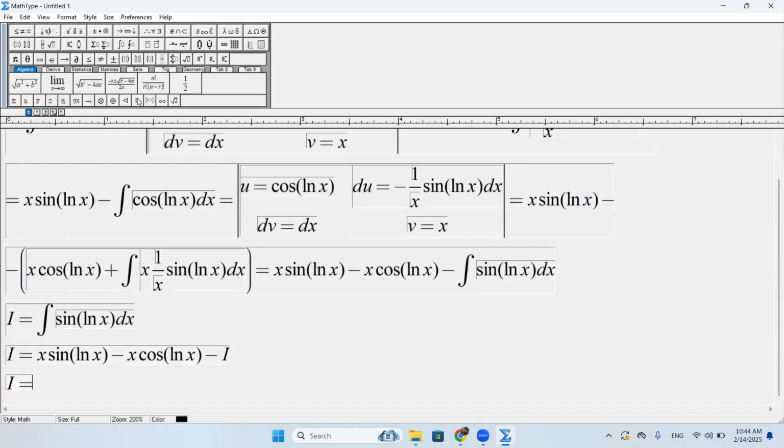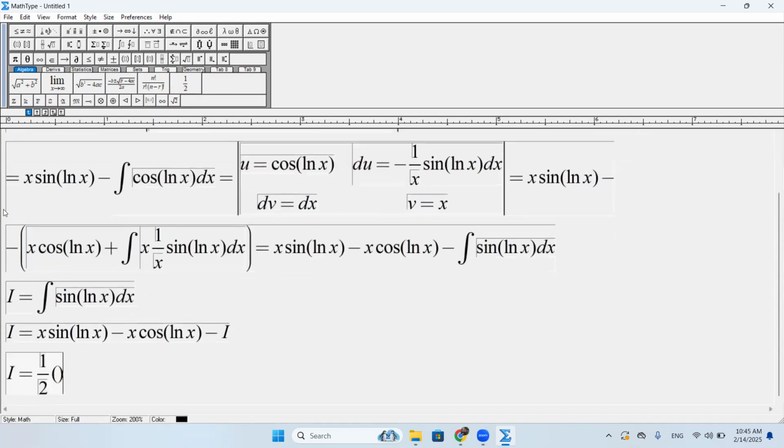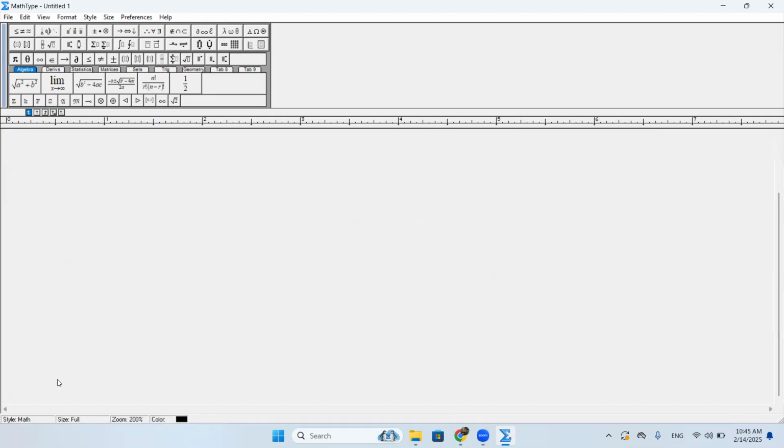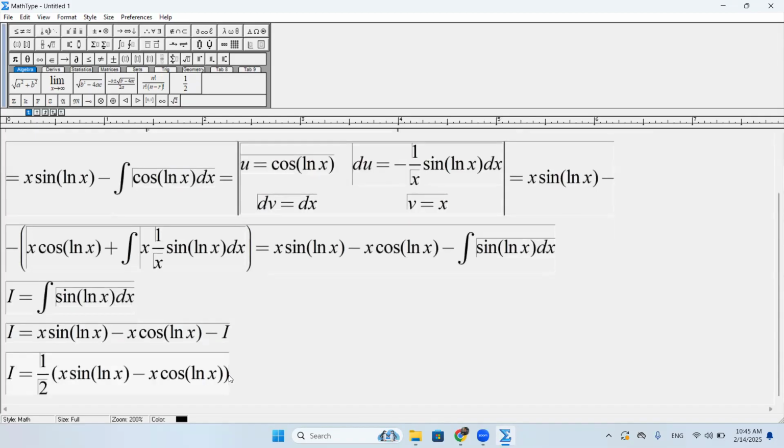And finally, I equals one half of this expression plus c. Of course, you can move x out of the brackets to simplify a little bit, but that's not the most important thing. Here is the final result.